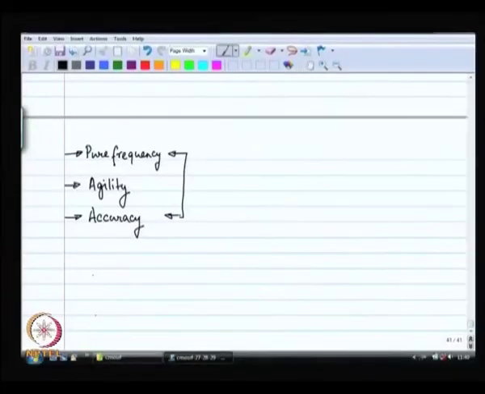So, as far as a pure frequency and accuracy go, quartz crystals are unbeatable. As far as agility goes, your voltage controlled oscillator is definitely agile. It is just that you have no idea of what that precise frequency is. Also, you have very little control over the phase noise in your system.